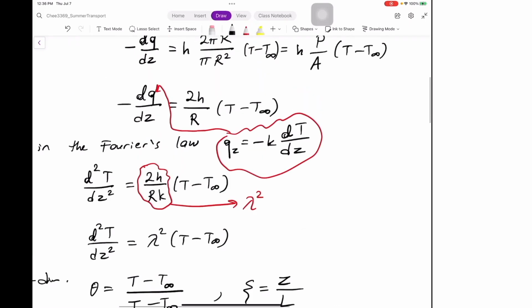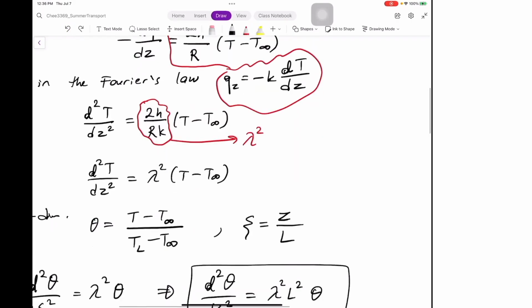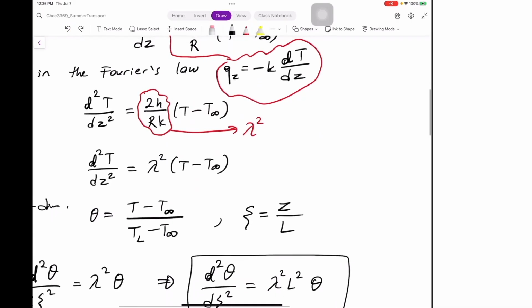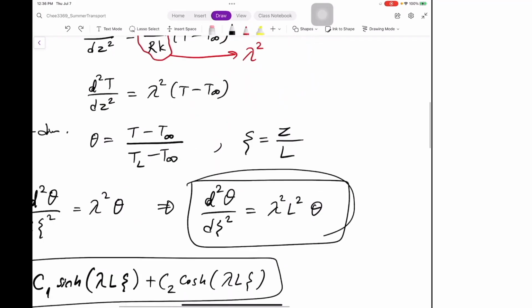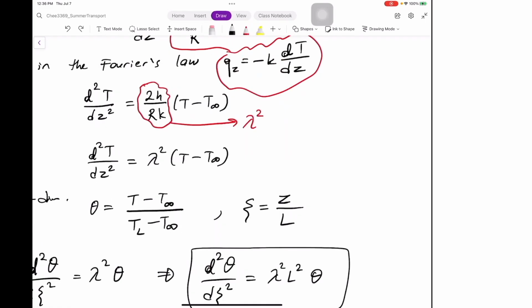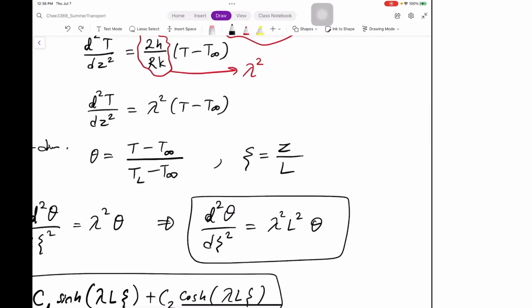But here in this equation, you have two dependent variables, q and T, that complicates things. And by plugging in q as a function of the derivative of T, you actually get this equation, which gives you a differential equation which can be solved.